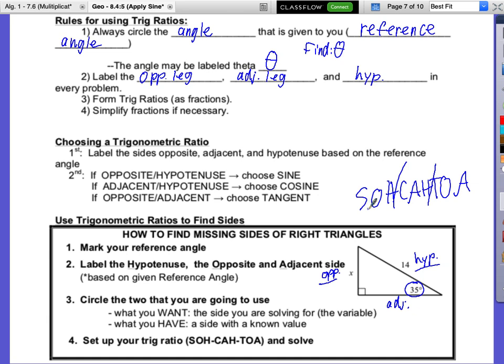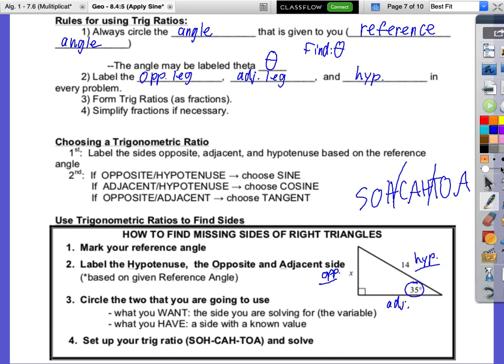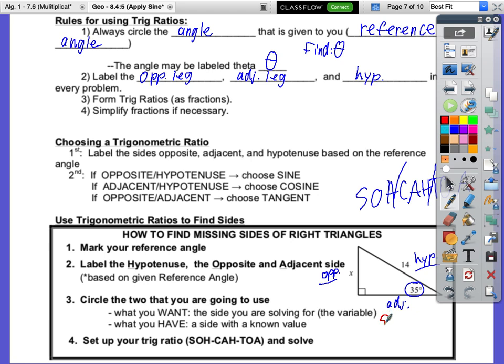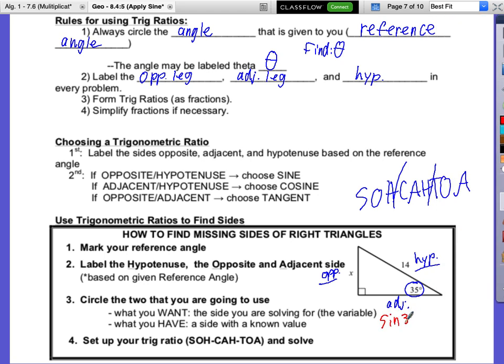Sine. So we can set this one up as sine of our angle, 35 degrees, is equal to, well, what's the opposite side? x. And what's the hypotenuse that it's over? 14. So sine of 35 degrees is equal to x over 14.